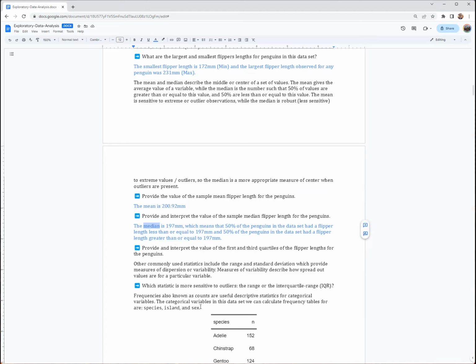Because for income, for example, Jeff Bezos has a crazy large income, and so his value would pull up, if we were looking at the typical income for a United States citizen, his income would pull up the average extremely high.